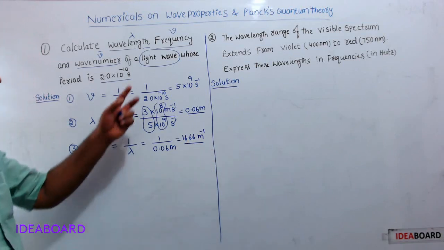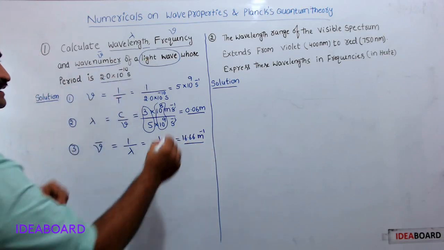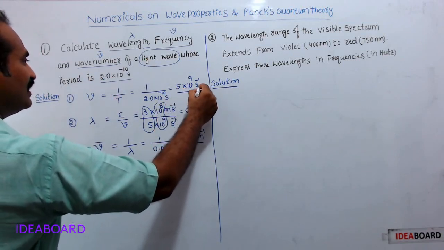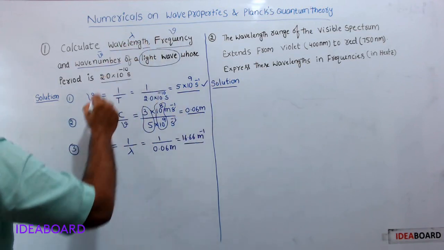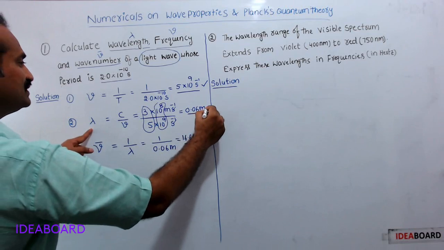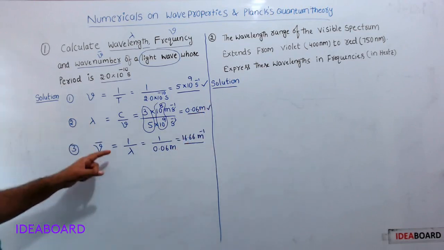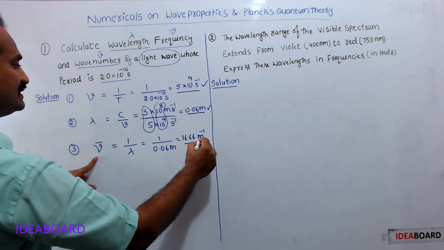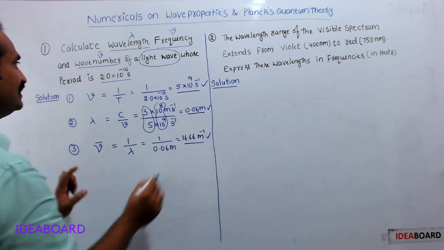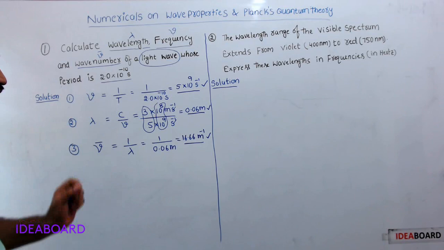Therefore, for the given light wave, the frequency is 5 into 10 power 9 second inverse, the wavelength is 0.06 meters, and the wave number is 16.66 meter inverse. So this problem is over.